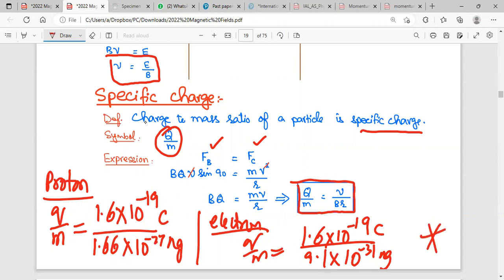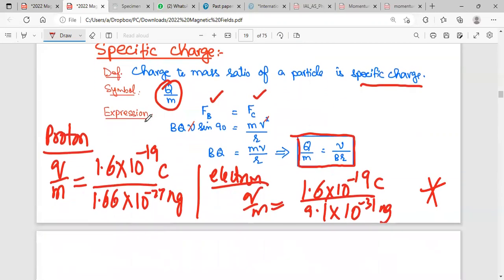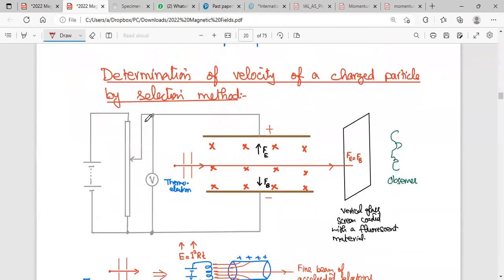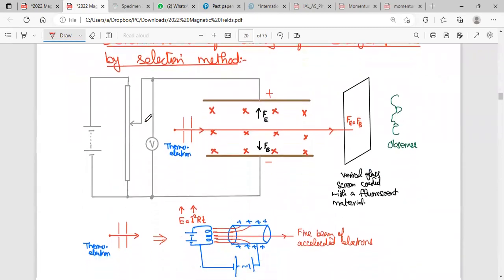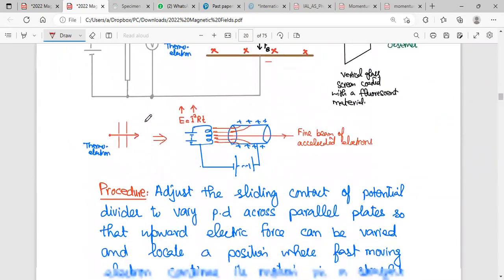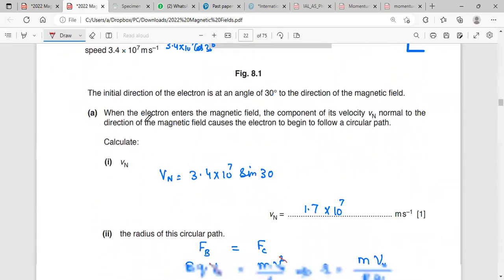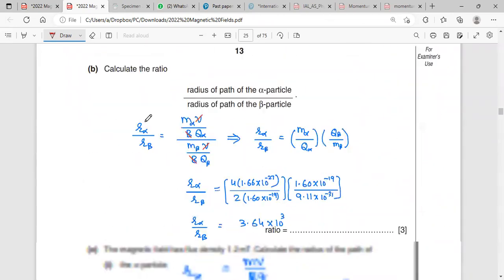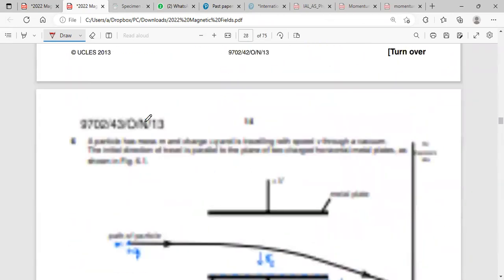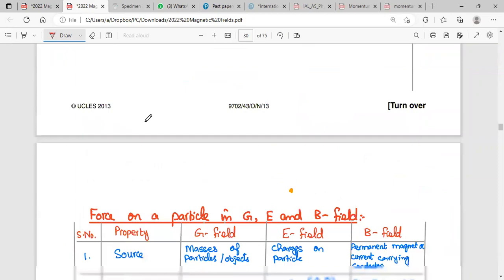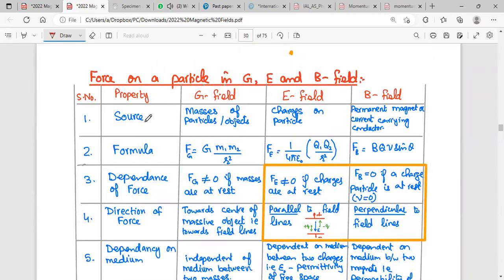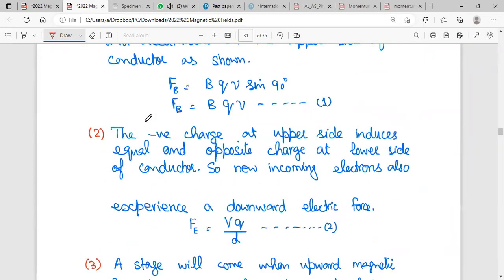So till now it's enough. Now in the next session, we are going to study the last few topics of this chapter, and then we will move on to the next important and last topic, Hall probe.